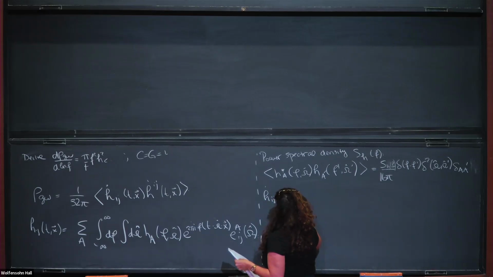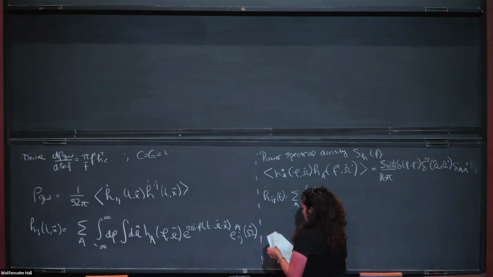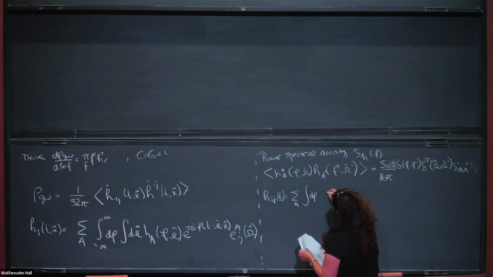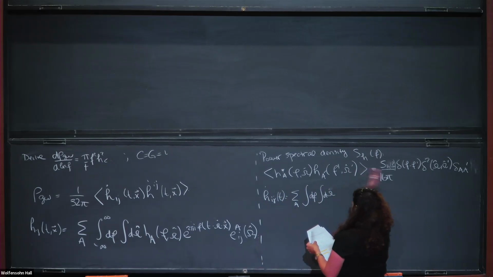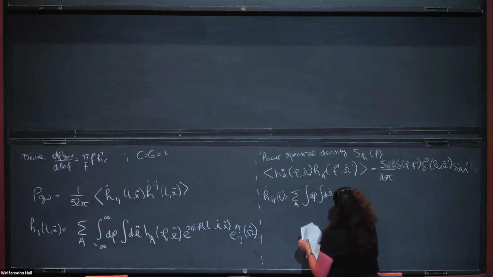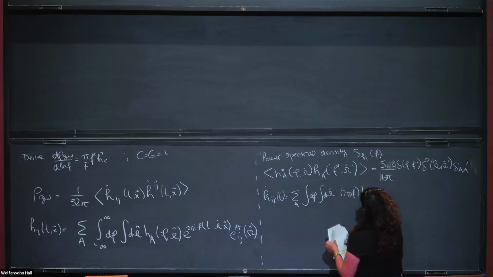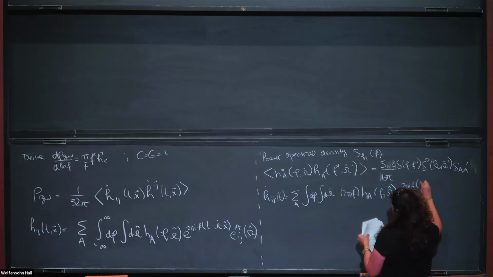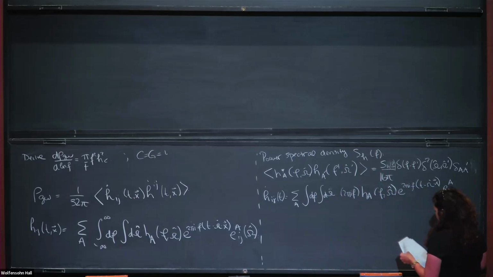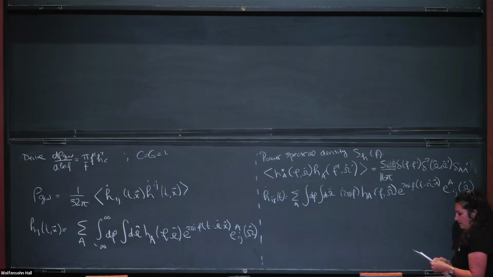All right. This is the sum over A, and then your integral in df, and then your integral in d omega hat, or d omega, it's the same thing, times 2 pi i f, h_A of f and omega hat, e to the 2 pi i f (t minus omega hat dot x), and then your polarization tensors e_A ij, which are a function of omega hat.